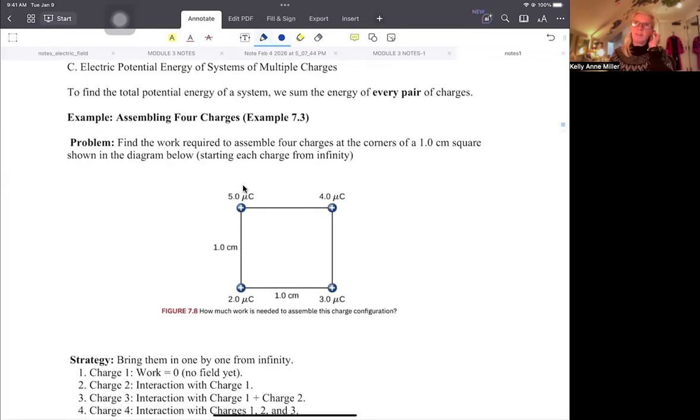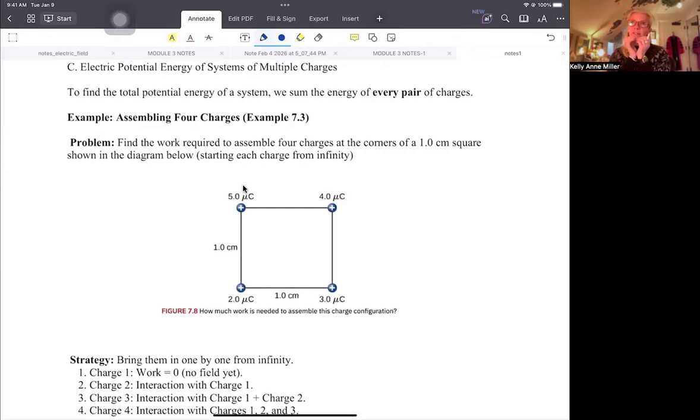The reading in Collage talks about this when we're talking about bringing a charge in and placing it. We're always talking about the reference point of infinity. This will be important when we talk about electric potential, because electric potential is only relevant if we compare two specific positions in space.